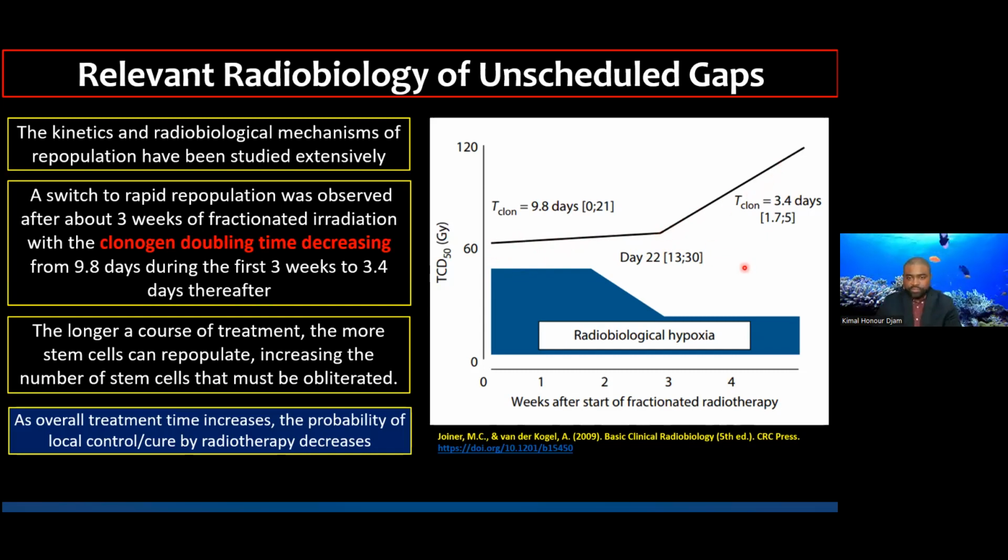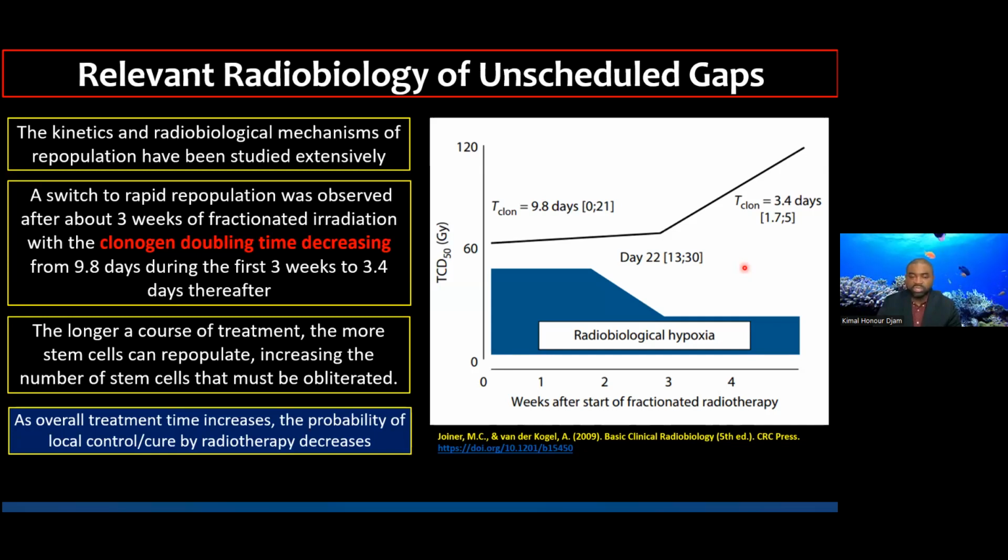The note I want to make here is that the rate of cell division varies widely among similar tumors and different tumor types. What this implies is that the longer a course of treatment, the more stem cells can repopulate, which in turn increases the number of stem cells that need to be inactivated.